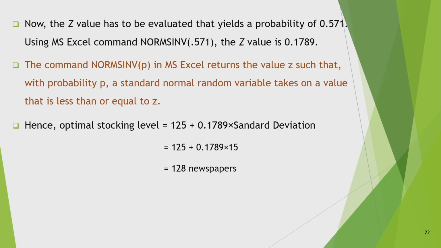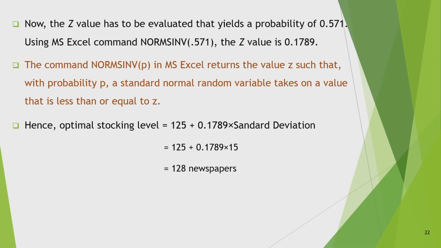Now, for the Z value, according to the normal distribution chart, you have to find the Z value that yields a probability of 0.57. You can use the MS Excel command NORMSINV for 0.57, and the Z value comes out to be 0.1789.